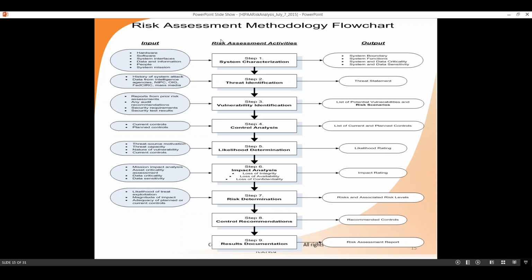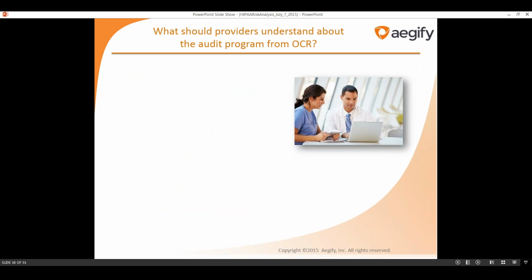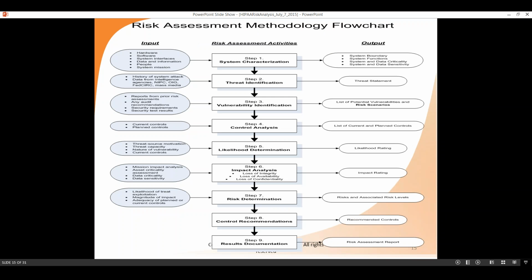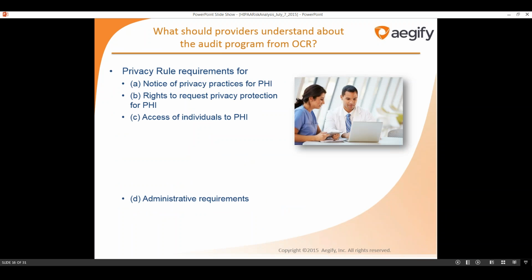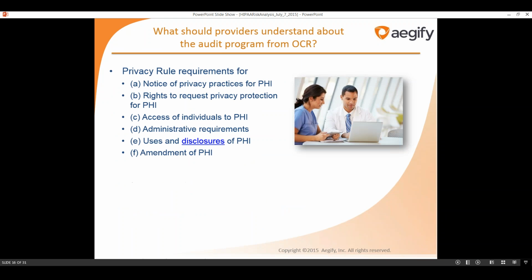And you're essentially looking at identifying the critical assets, the threats, the vulnerabilities, the controls that you have in place, the likelihood and impact of such a threat from carrying through, and that gives you the risk score, and then finally recommendations that you need to put in place.